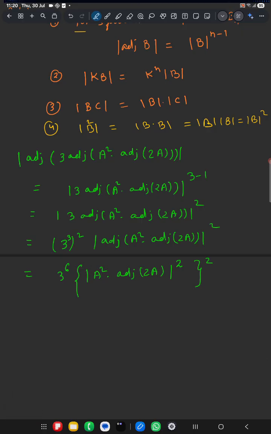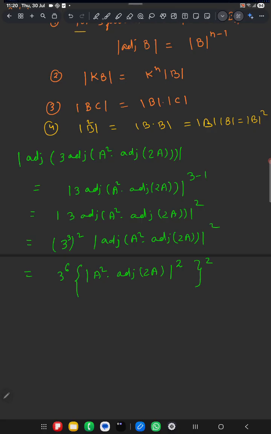Now what you will do? Now you have to find this portion, the determinant of two matrices, A square and adjoint of 2A, both are matrices. So they can be taken as the individual product of the two matrices using rule number 3.